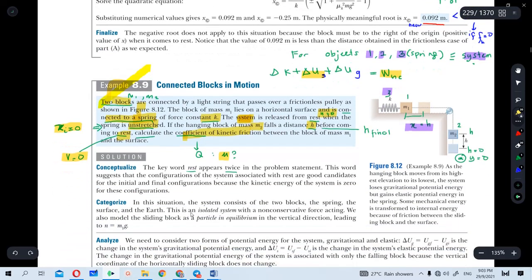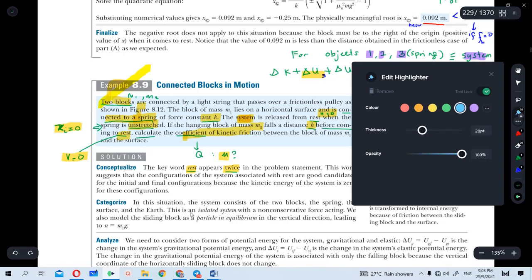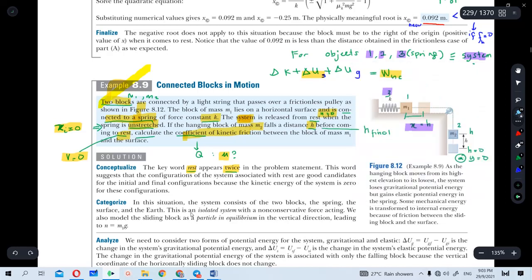Now, so observe that the keyword rest just now appear twice in the statement. This is to indicate the initial and the final. The initial and the final that both have this one, and also this to indicate that they are 0.